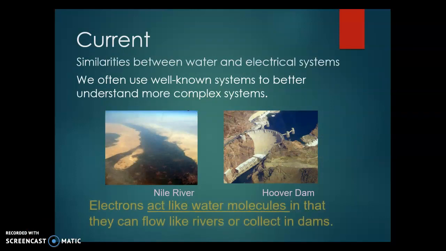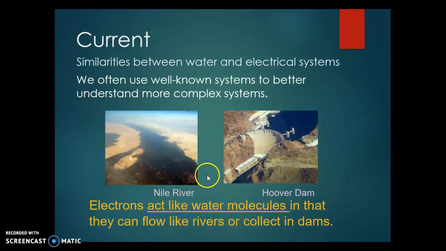So it's helpful to understand water and electrical systems because it's better if we know already how rivers and dams work. It helps us better understand these complex systems that we might see in electricity. So, for example, you have the Nile River, one of the world's biggest and longest rivers, flows very easily.